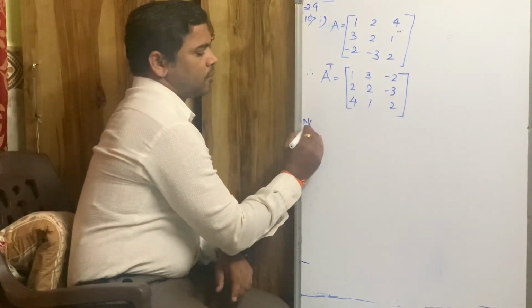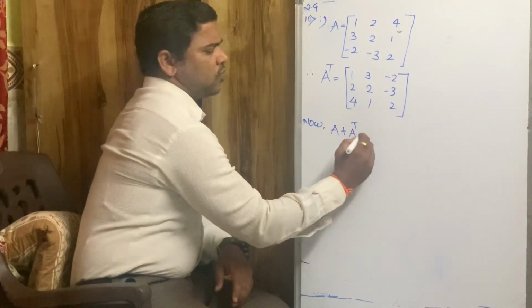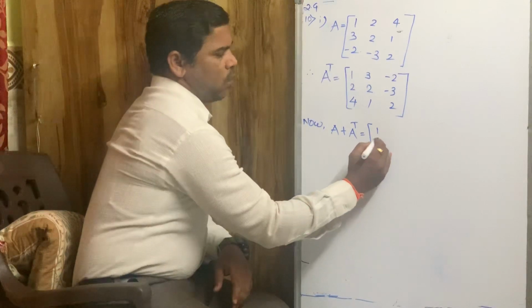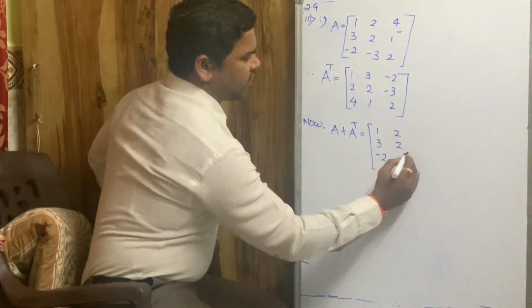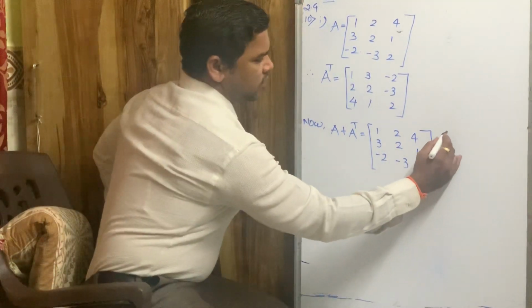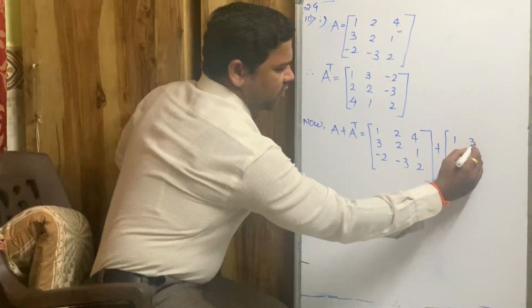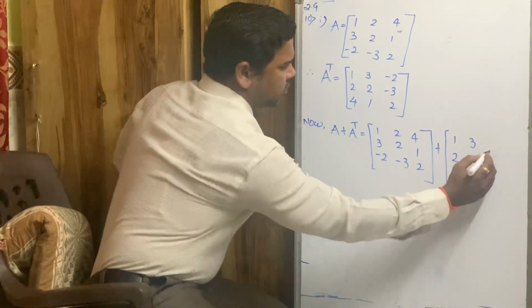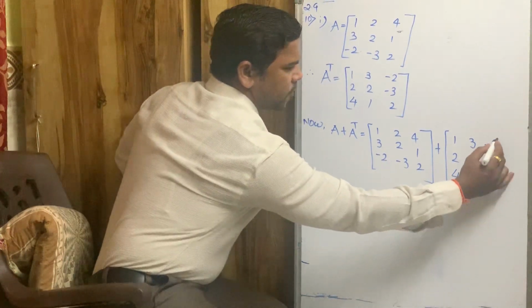So now A plus A transpose. The matrix A is 1 3 minus 2, 2 2 minus 3, 4 1 2. A transpose is 1 2 4 first column, second column 3 2 1, and third column minus 2 minus 3 2.